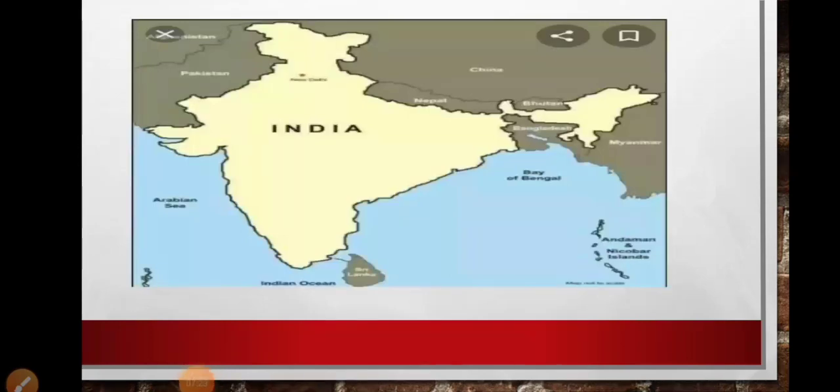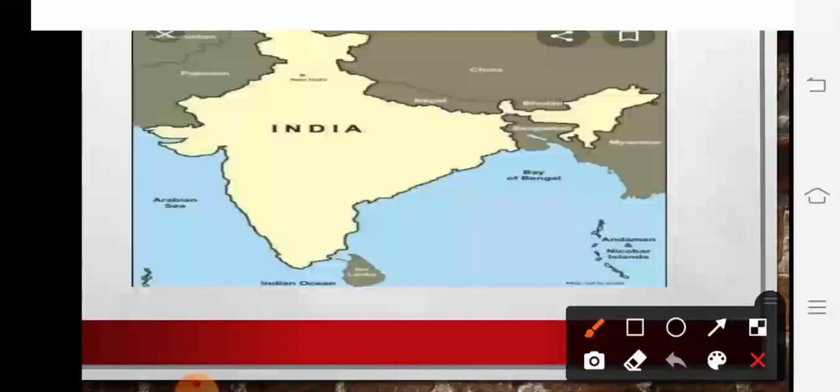If you go through it map-wise, you are going to understand, so keep this point in mind. Okay children, I said that when we go to the northwest, here Afghanistan is there, Pakistan is there.